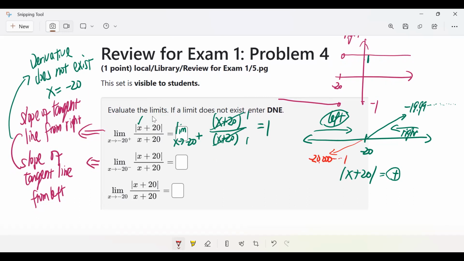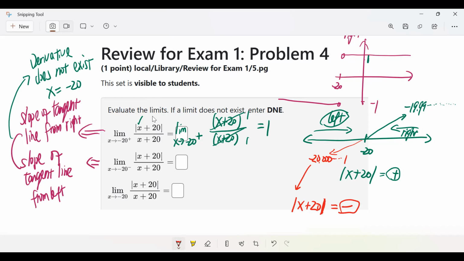But if you look at this, when this is the number, what happens to the absolute value of x plus 20? Is it negative or positive? Negative, right? Very good. Since it's negative, we want to make sure it's positive.